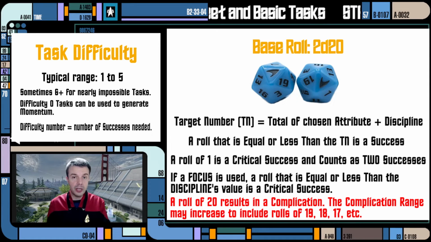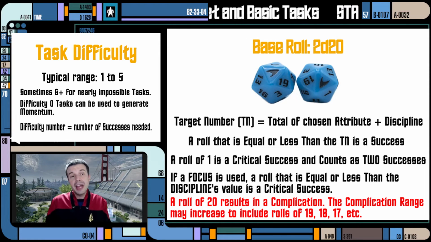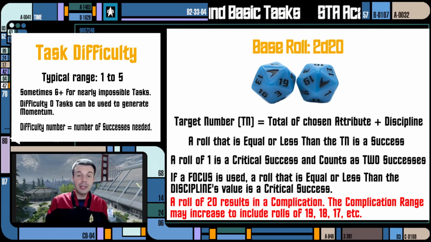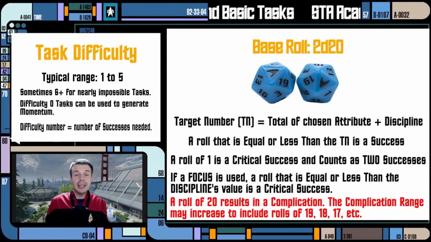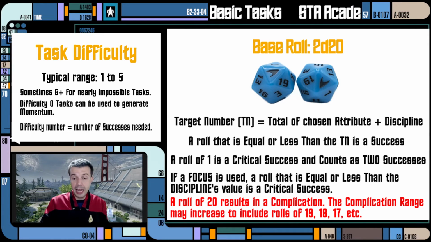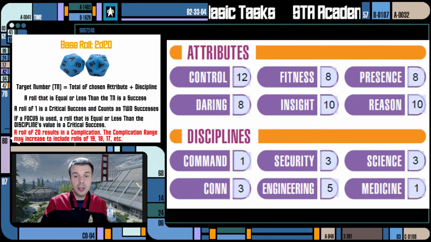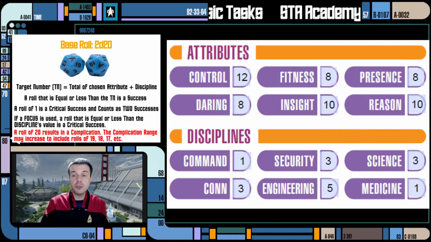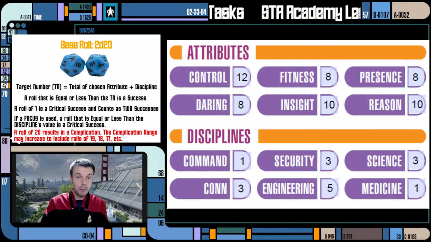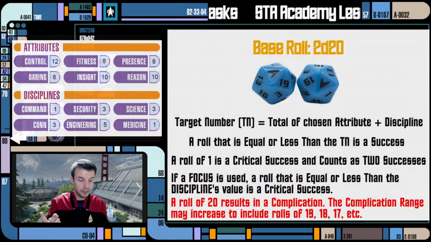When you roll your 2 dice for this task, if you get that target number or less on either die, that is a success. So looking at Doran again, his control is 12, his security is 3, that's 15. If he rolls a 15 or less, he is getting 1 success. If both dice roll a 15 or less, they're both getting a success, so that's 2 successes.